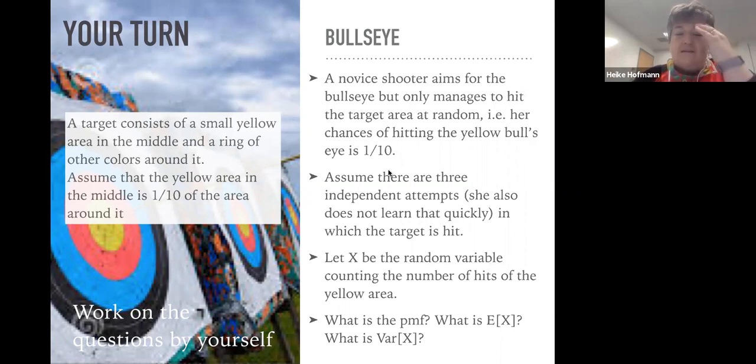And assume that she's trying 3 times and she doesn't learn over those 3 attempts. What is the probability mass function in this situation? What's the expected value? What's the variance? So we are talking about Bernoulli experiments, and now we're piecing together Bernoulli experiments.